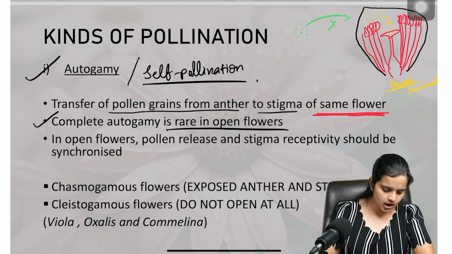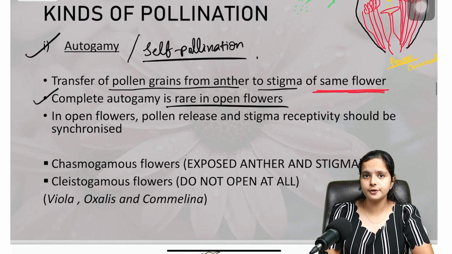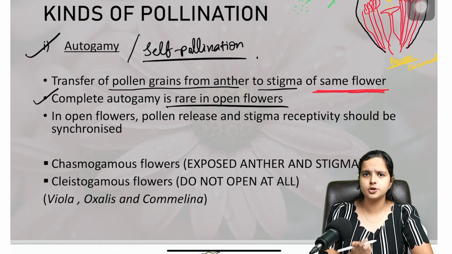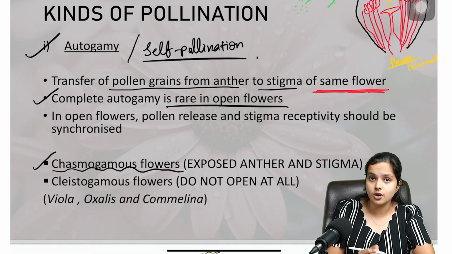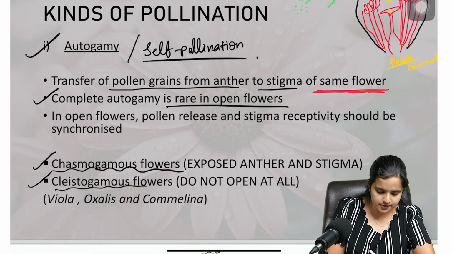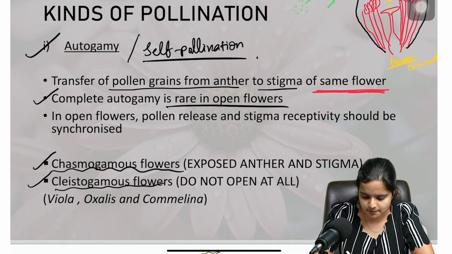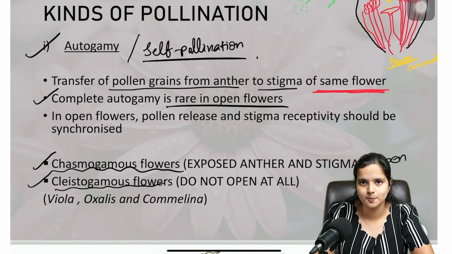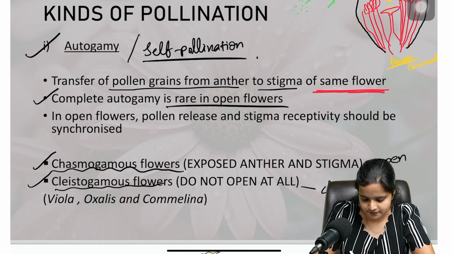Now, in the case of open flowers and closed flowers, let me tell you two terms. You have chasmogamous flowers and cleistogamous flowers. Chasmogamous flowers are simply open flowers, and cleistogamous flowers are closed flowers.